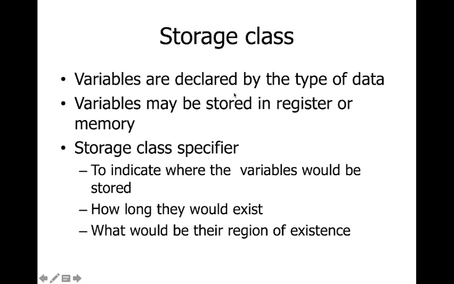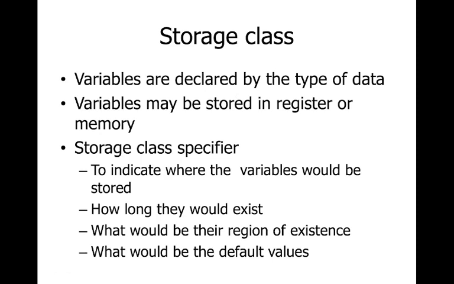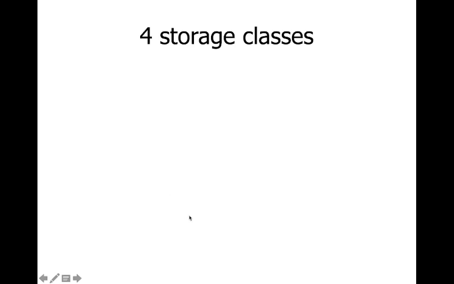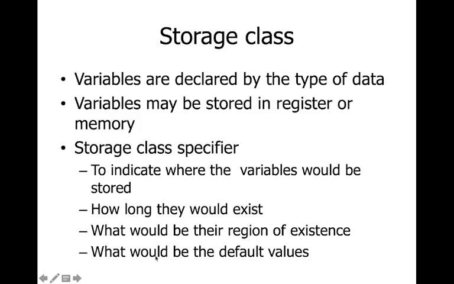So in addition to the data type for the variable, it also indicates what would be the default values. All these things will be indicated when we use the storage class specifier for each type of variable. If we declare int a, it specifies it is an integer type. In addition to that, we can specify the storage class also.